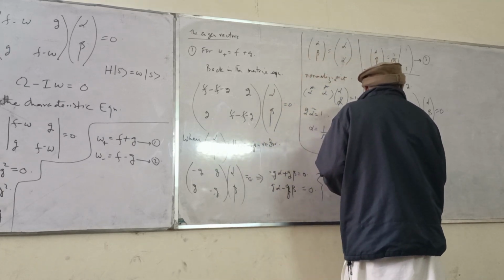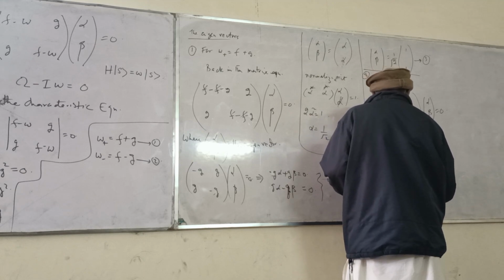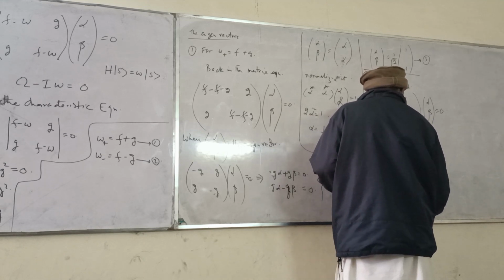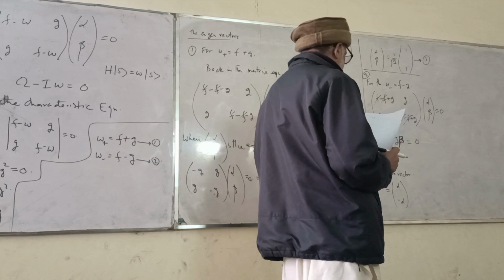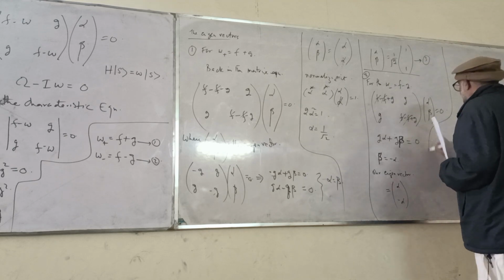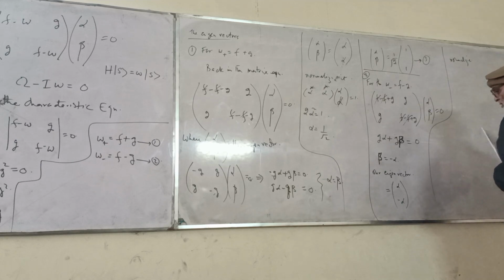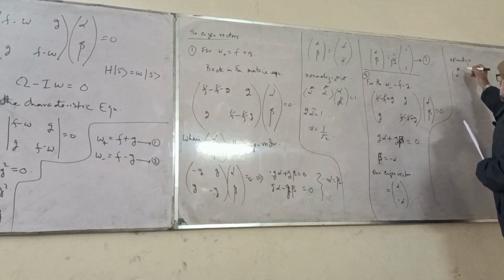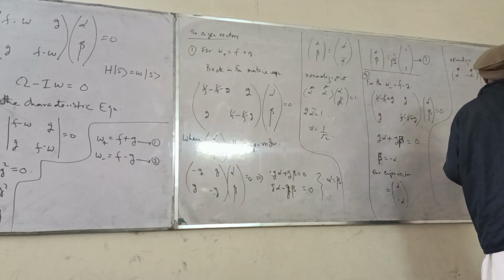So our eigenvector is equal to alpha and minus alpha. Right? Let us now normalize again. So alpha star, minus alpha star, and alpha and minus alpha equal to 1.